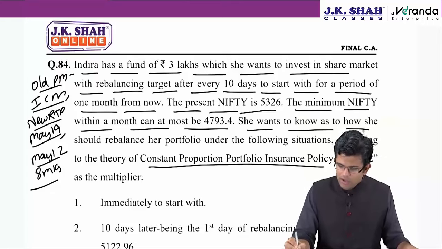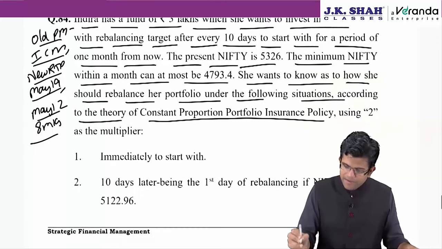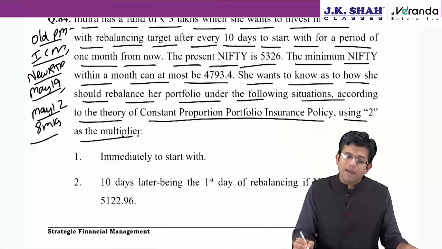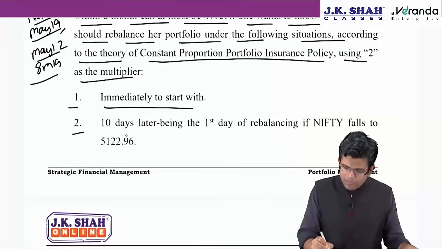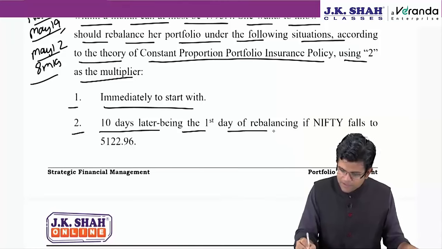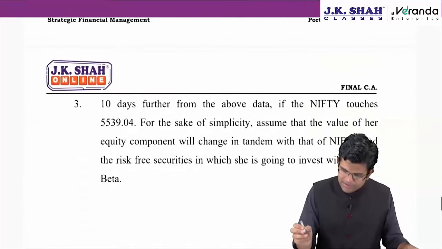She wants to know as to how she should rebalance her portfolio under the following situations according to CPPI using 2 as the multiplier. Point number 1, immediately to start with, and point number 2, 10 days later being the first day of rebalancing if Nifty falls to 5122.96.